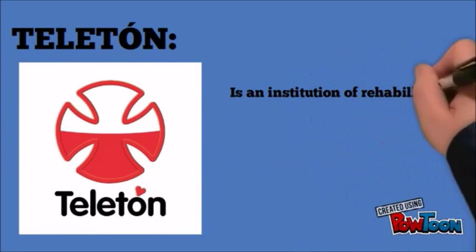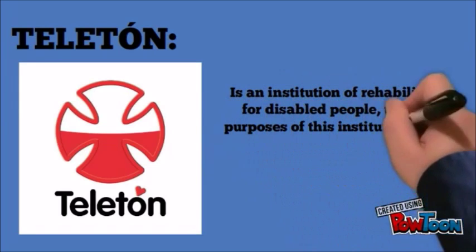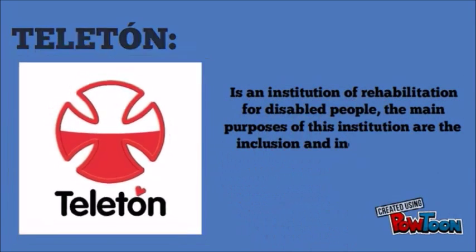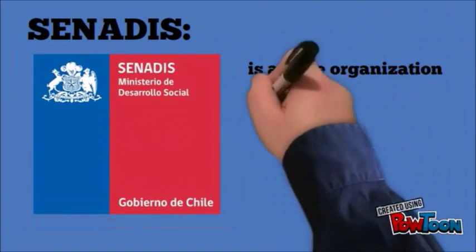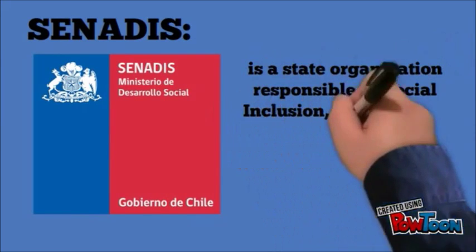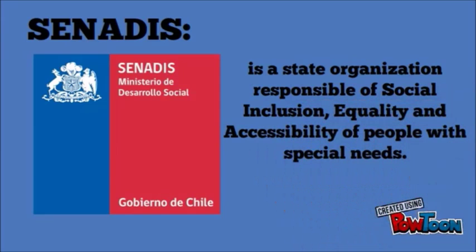Teleton is an institution of rehabilitation for disabled people. The main purposes of this institution are the inclusion and independence of every disabled child. SENADIS is a state organization responsible for social inclusion, equality and accessibility of people with special needs.